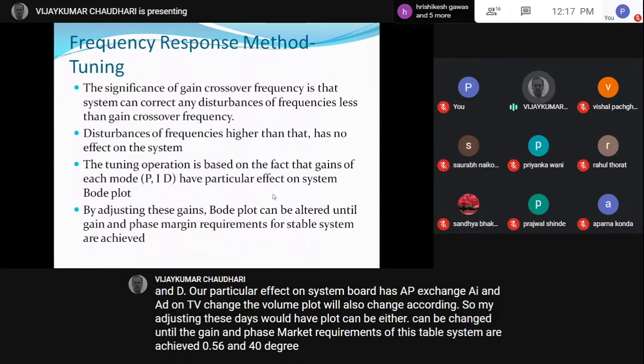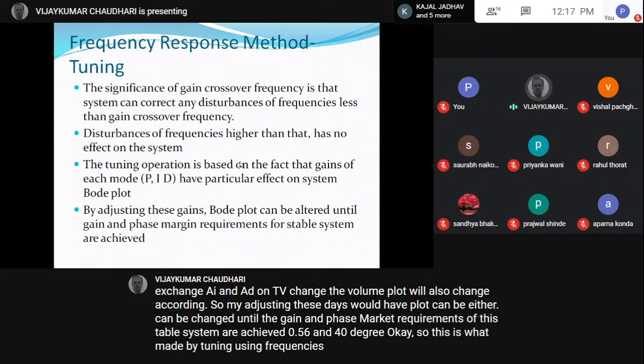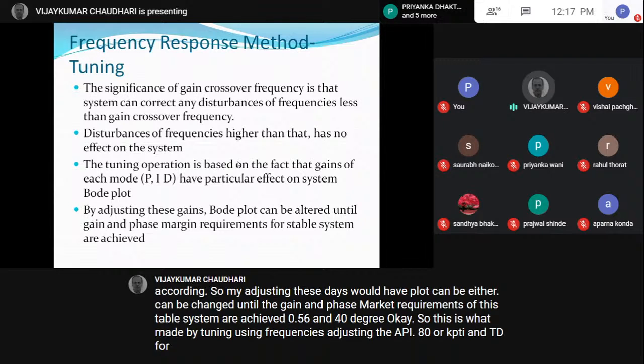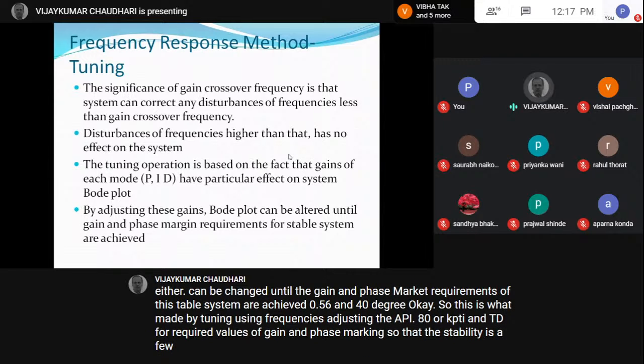This is what is meant by tuning using the frequency response method: adjusting KP, KI, KD or KP, TI and TD for required values of gain and phase margin so that stability is achieved.